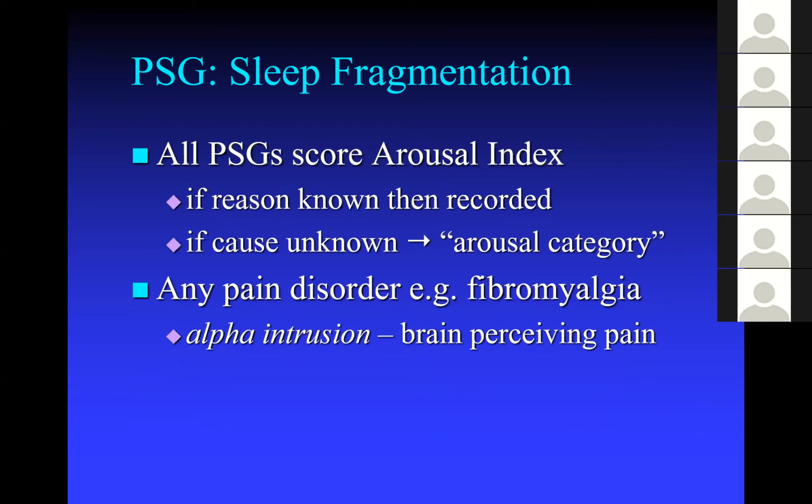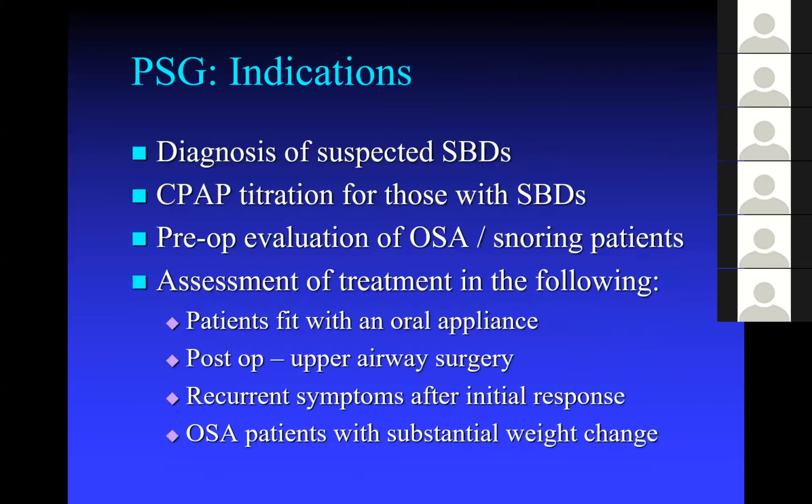Any pain disorder, such as fibromyalgia, can give them arousals. Alpha intrusion is just something that's read on a sleep study by the sleep technician, and 3 seconds associated with pain many times.